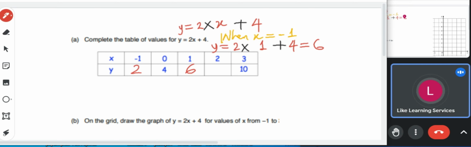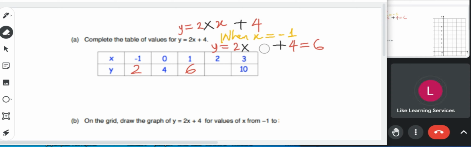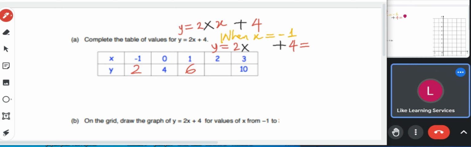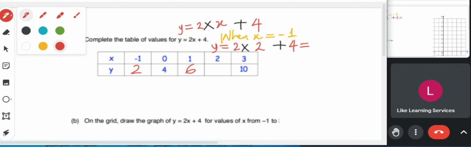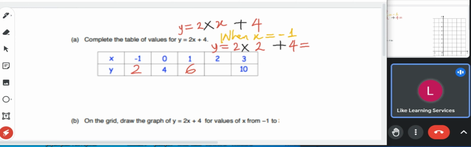The next one, when x is 2, we just replace this with 2. 2 times 2 plus 4, that gives what? 2 times 2 is 4, plus 4, that gives 8. So we fill 8 here. See how easy it is?